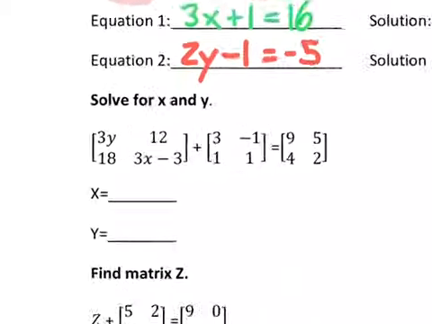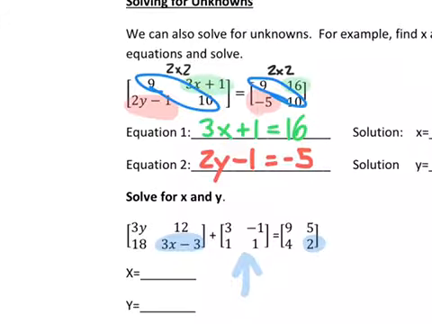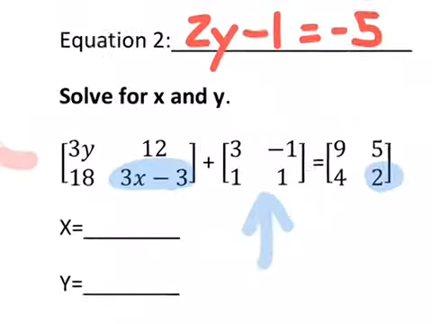This time, we've got one step in between. I cannot say, oh, I'm going to set 3x minus 3, it's in the bottom right, equal to that, because there's another matrix here in the way. This is just like solving equations. If I wanted to be able to do this, I first need to get myself back to a scenario similar to that last problem, where one matrix is equal to another matrix.